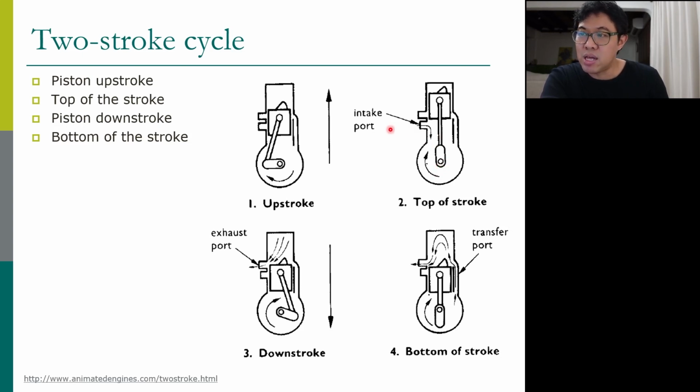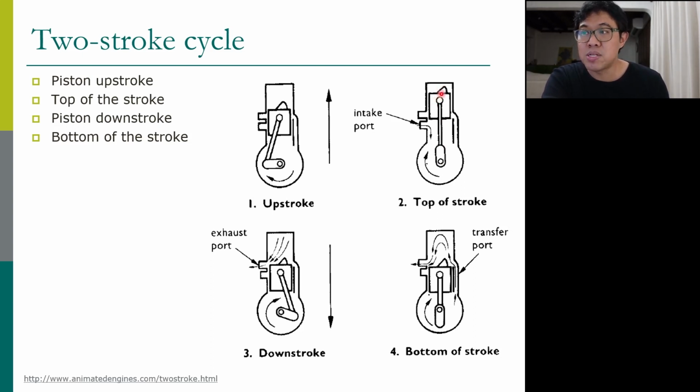So the air-fuel mixture flows into the crankcase. At the same time, the air-fuel mixture on top of the piston is compressed. So it does two things at the same time: it intakes into the crankcase and it compresses the air-fuel mixture.